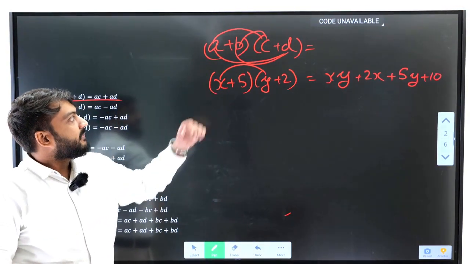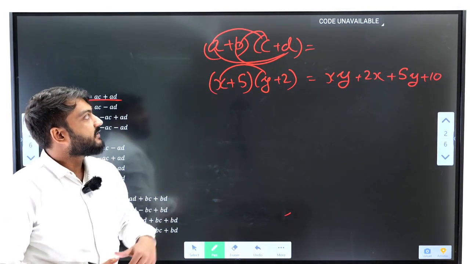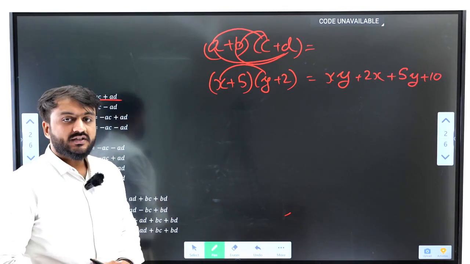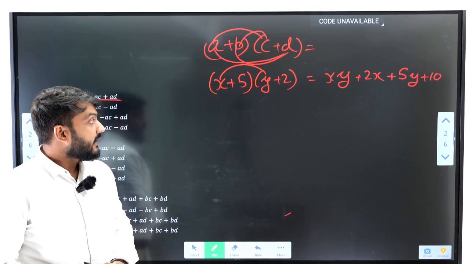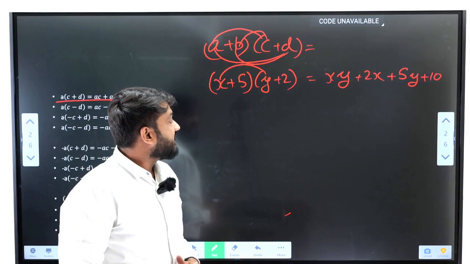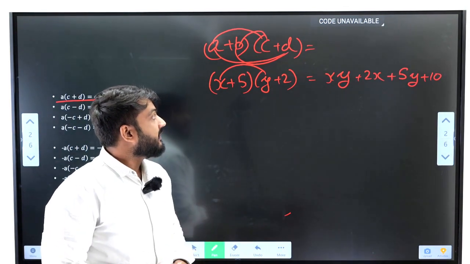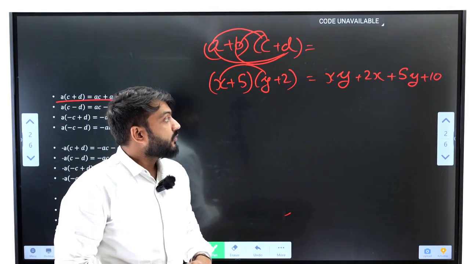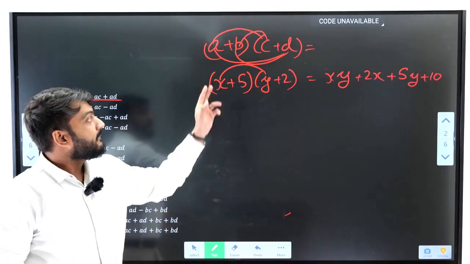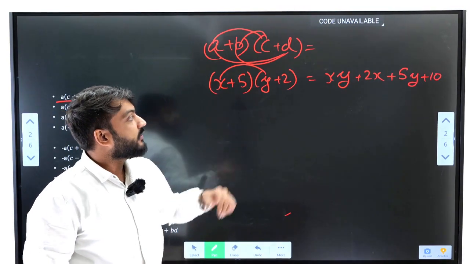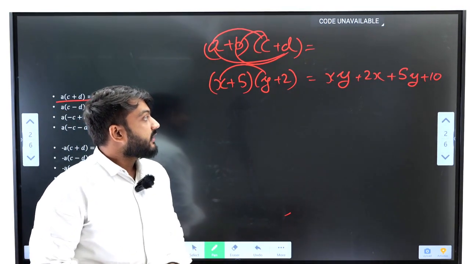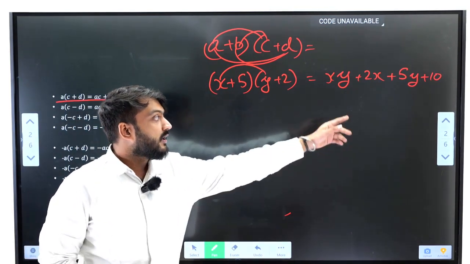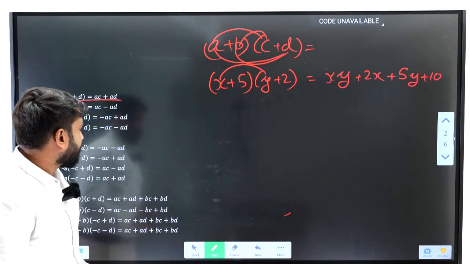If you see, x was in place of A, 5 was in place of B, y was in place of C, and 2 was in place of D. Therefore, when I multiply A into C, that is x into y, I get my product to be x into y. Then A into D gives me x into 2, gives me 2x. Then B into C, which is 5 into y, gives me a positive 5y. And then B into D, that is 5 into 2, gives me a positive 10.